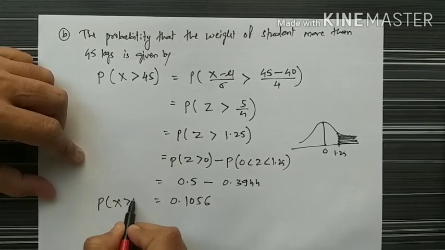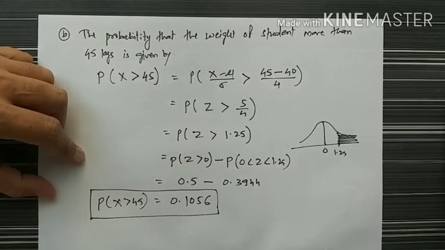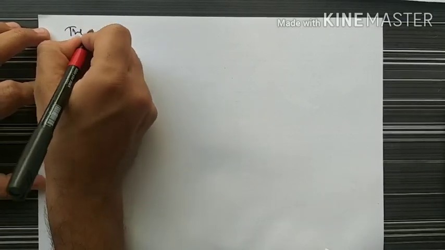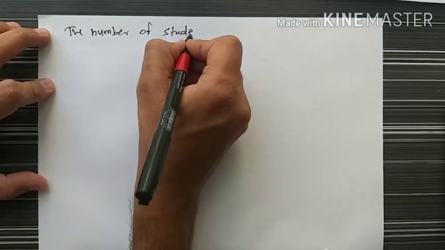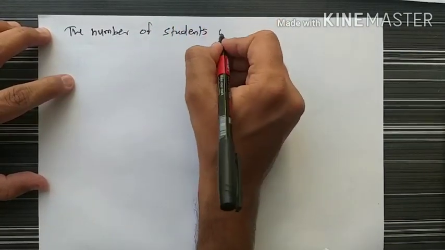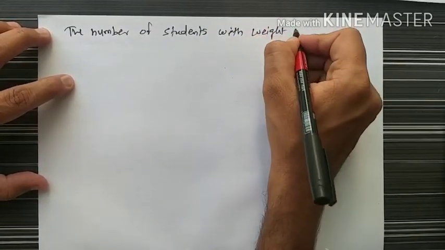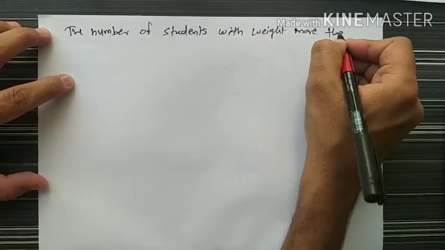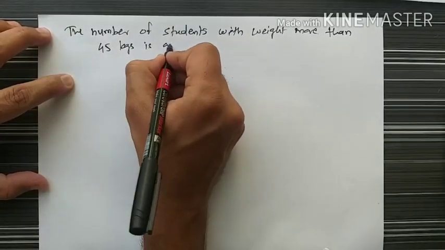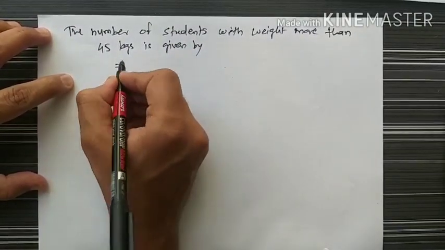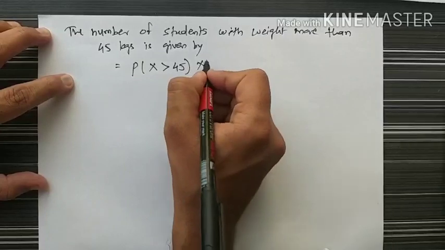Now to compute the number of students having weight more than 45 kg, we multiply the probability that X is greater than 45 by the total number of students. The number of students with weight more than 45 kilograms is given by the probability that X, the weight of a student, is more than 45, multiplied by n.